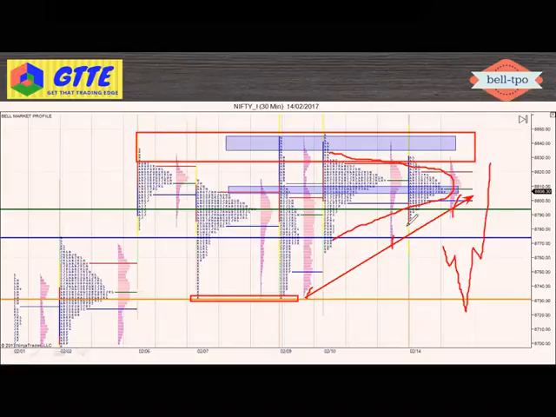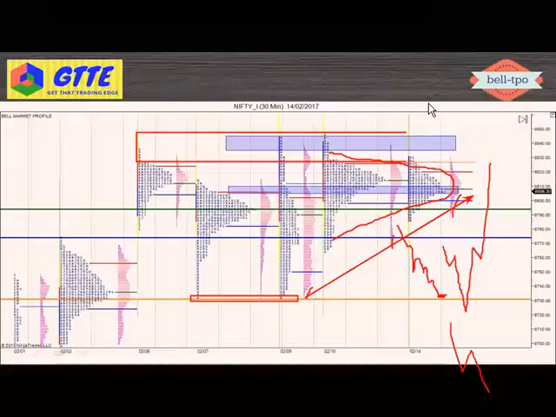Or it may come down gradually, just drift down, close in this particular area, very close to this low, and put every buyer in this range under pressure, make them anxious going into the close, and next day just gap down and start moving lower. That is also a possibility.